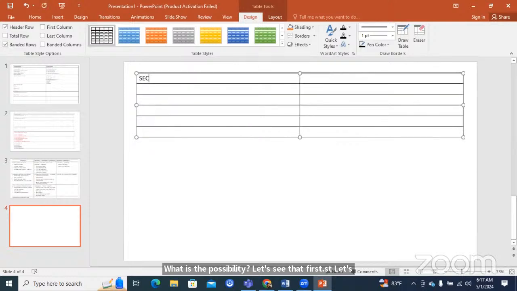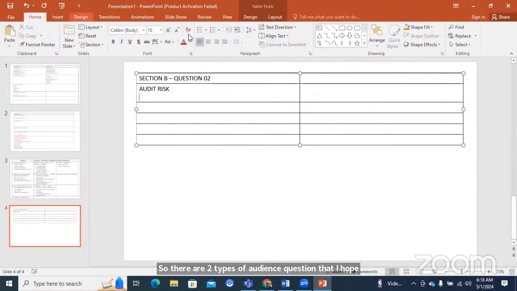Right? So, section B, question 2. Audit risk. If the first question is test of control, the second question is audit risk only. So there are 2 types of audit risk question that I hope you practice in the class.